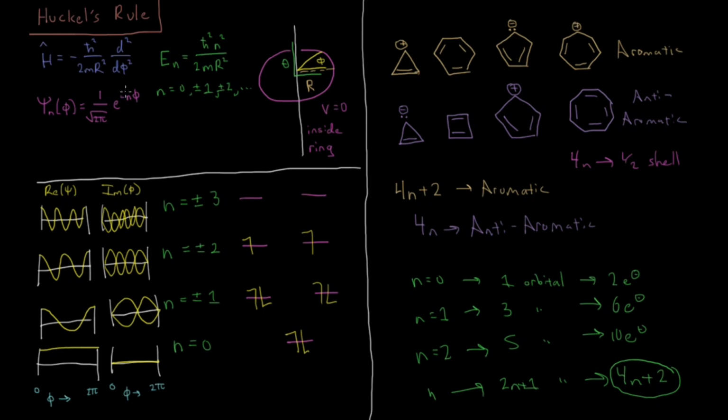So this very, very simple model system for a particle in a ring gives us these energy levels, which help to explain this observation about the behavior of these cyclic planar pi systems: you get aromaticity being particularly stable because you've got filled energy levels, and anti-aromaticity being particularly unstable because you end up having these half-filled energy levels.